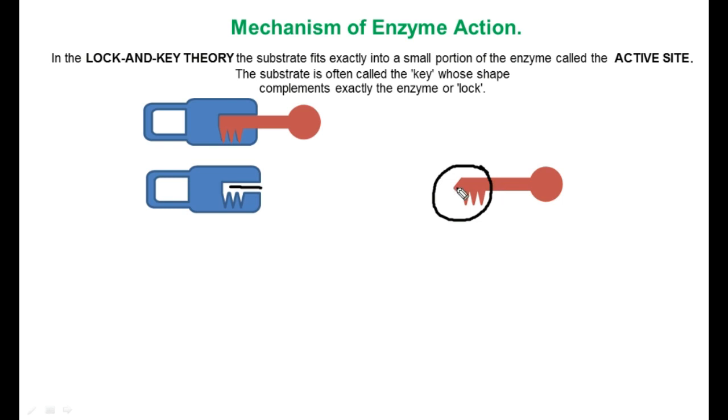You may see this structure of the substrate is different from that of the active site in an enzyme. So generally, this means that this substrate will never bind to the active site of the enzyme. So no reaction will occur.